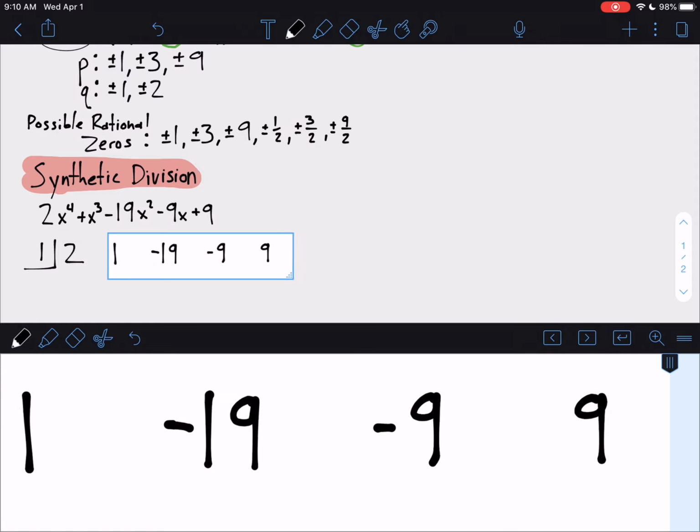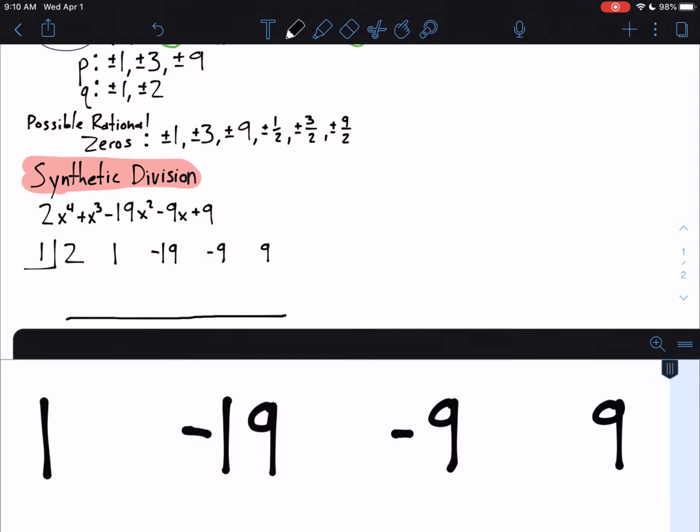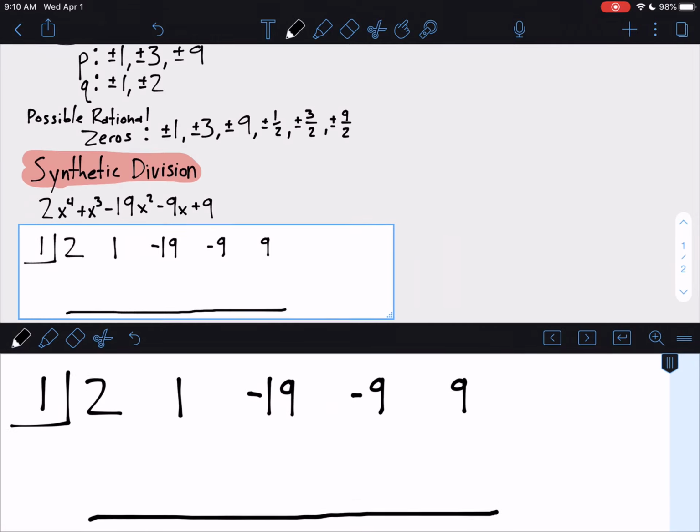And now that I have those coefficients written out, I'm going to give them a line underneath them. Not directly underneath them, I need to give myself some space because I'm going to be writing things between that line and the coefficients. I'm going to make my box bigger here.